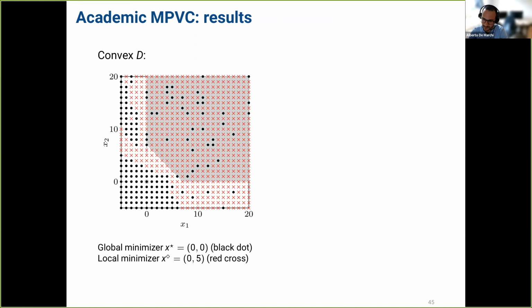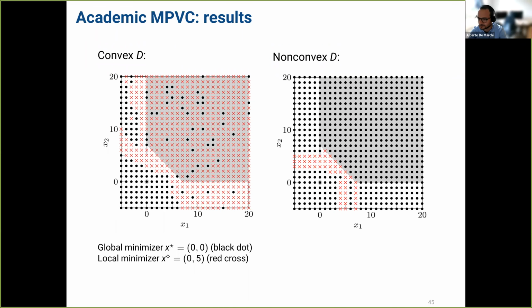So starting from a grid of initial points on the plane, we end up only in the two minimizers. So the black dots go to the global minimizer at the origin, otherwise the crosses go to the local minimizer. So these are the results using the convex, say, formulation, where D is just a 0.